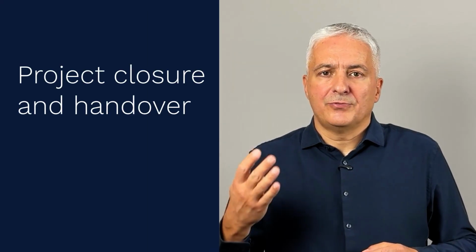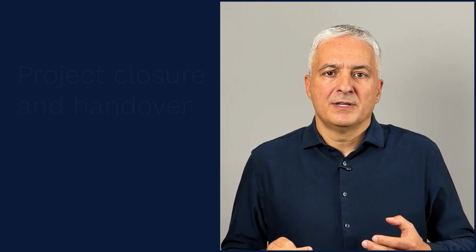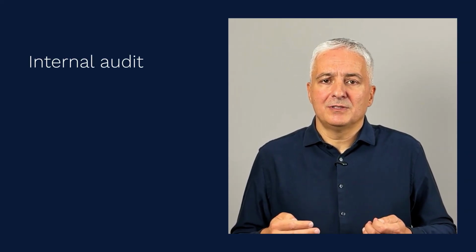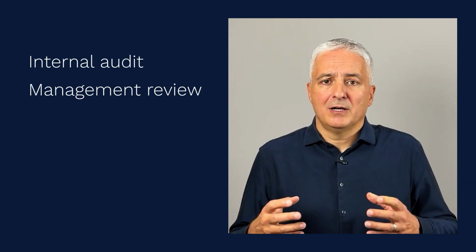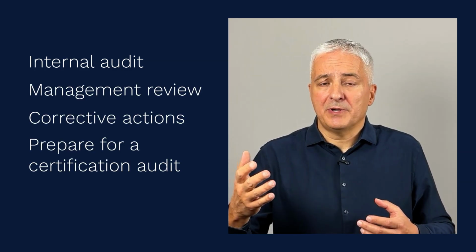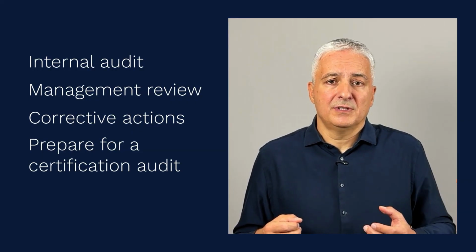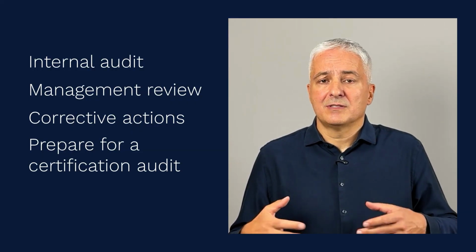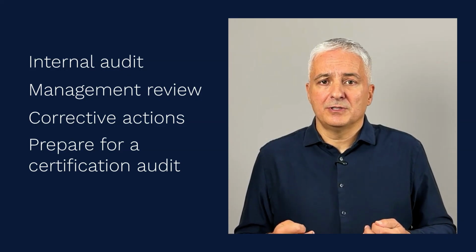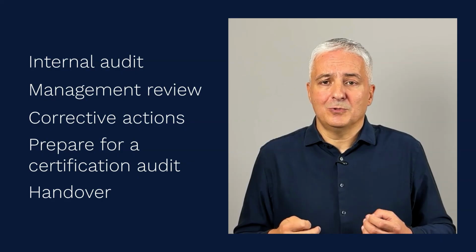Okay, and the last fourth phase is this closure and handover towards the client. And in case of ISO 27001, this could include steps like helping client perform an internal audit, help them do the management review, help them execute the corrective actions, help them prepare for a certification audit, assist them during the certification audit, and finally, once the certification audit is completed, then do the handover of everything that is needed towards the client.